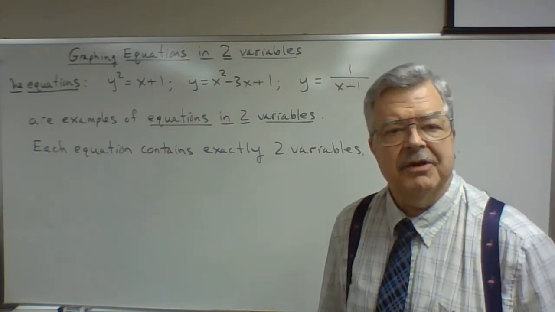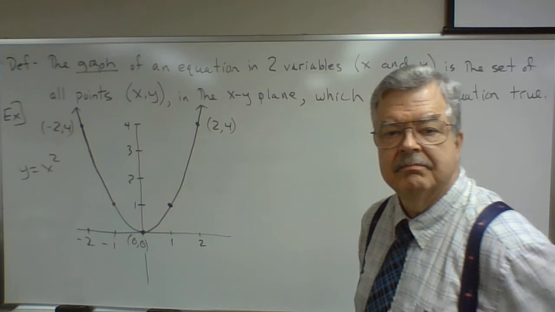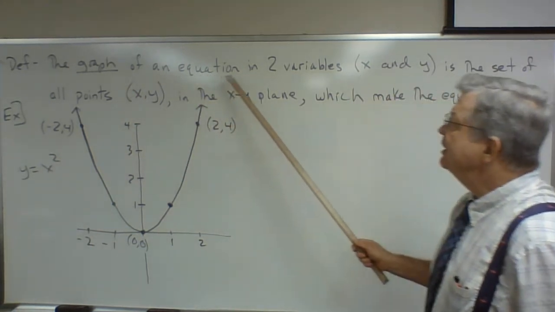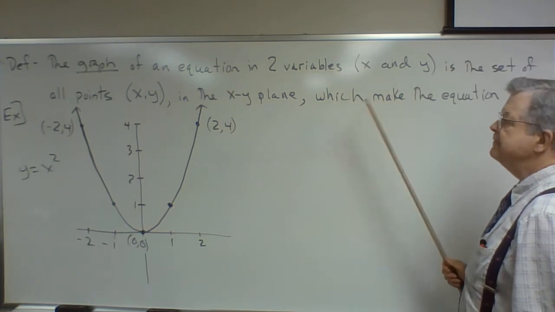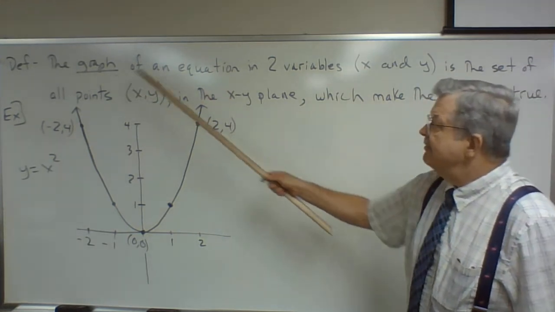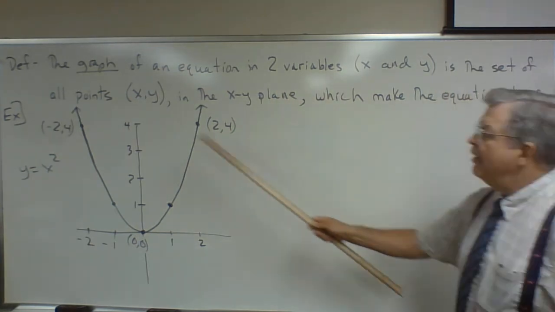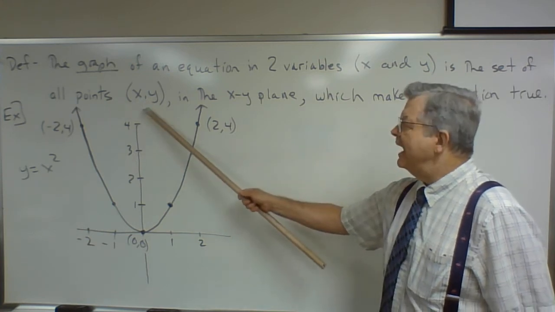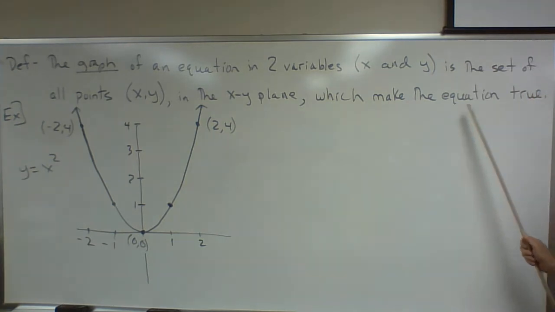Next, we'll talk about the graph of an equation in two variables. The graph of an equation in two variables, in this case x and y, is the set of all points x, y in the xy plane which make the equation true.